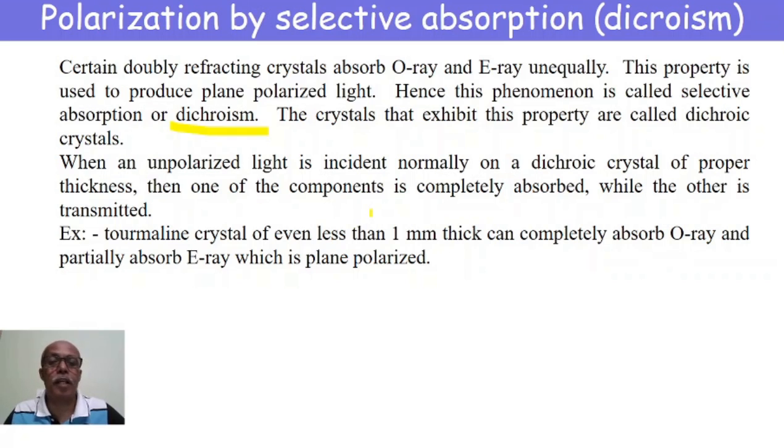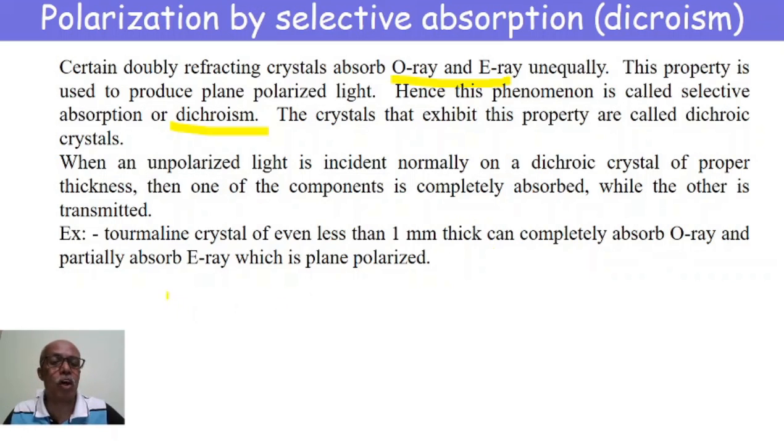Let us consider an unpolarized light. If such an unpolarized light is incident normally on a dichroic crystal of proper thickness, then one of the components, ordinary or extraordinary ray, will be completely absorbed, whereas the other will be allowed to pass through the crystal.